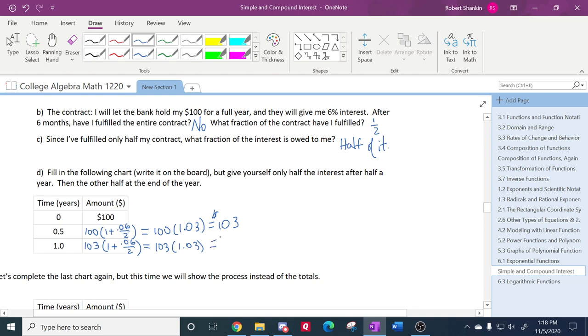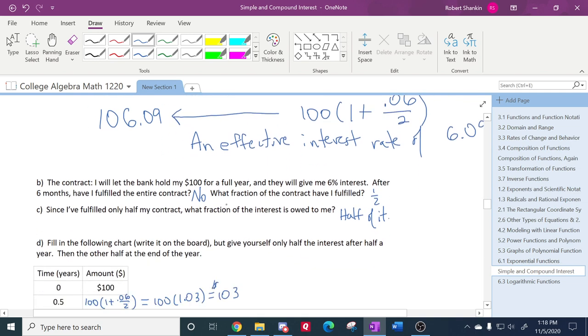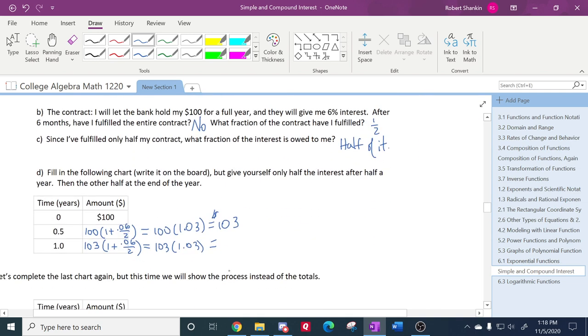When you punch this out on the calculator, you get this number, 106. Let me just double check that on the calculator. That sounds right though. 103 times 1.03 is 106.09.